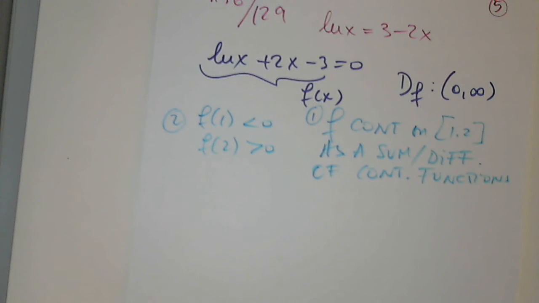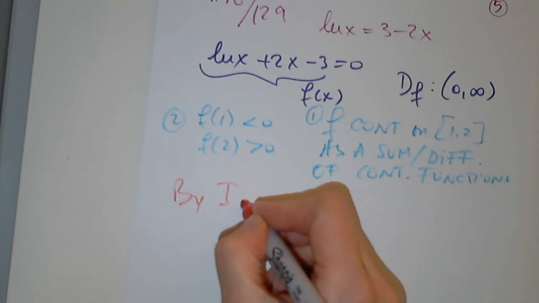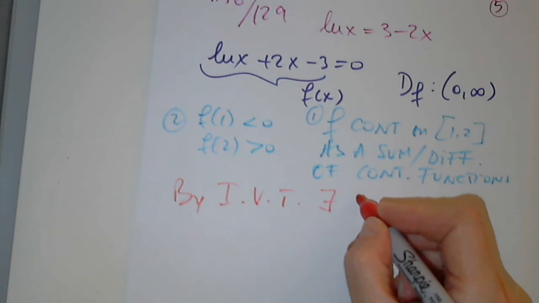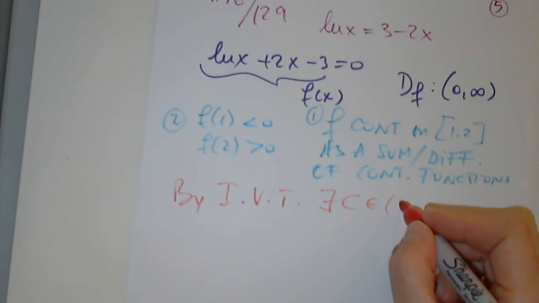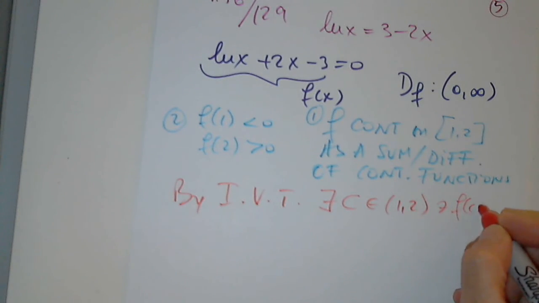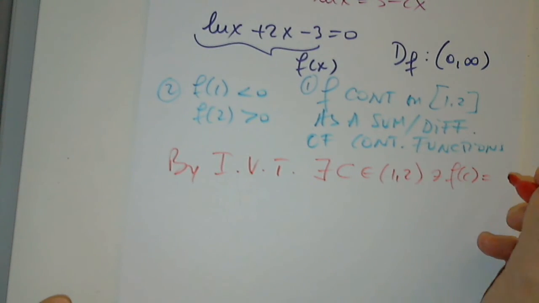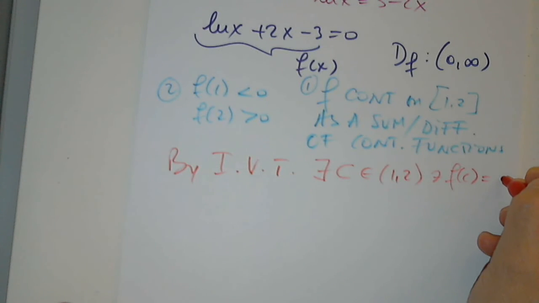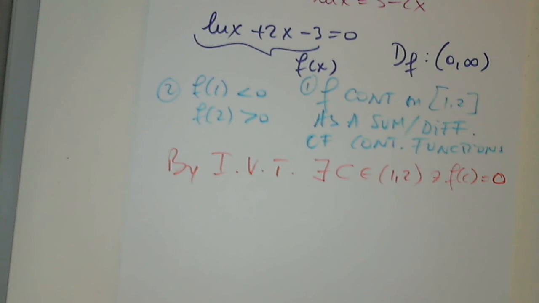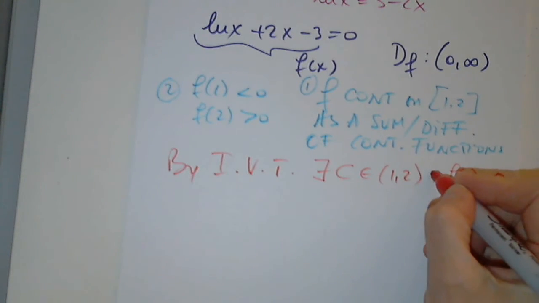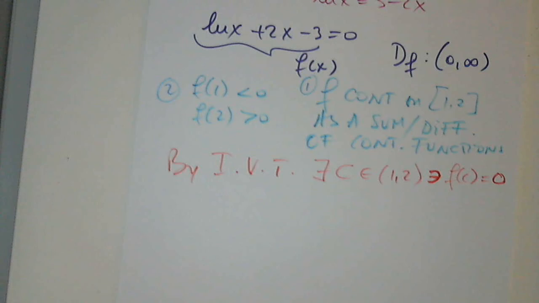Then we conclude by IVT that there exists a C in the open interval (1, 2) such that f of C must be 0. Very good. That's a root or a solution of natural log x equals 3 minus 2x, or f of x equals 0.